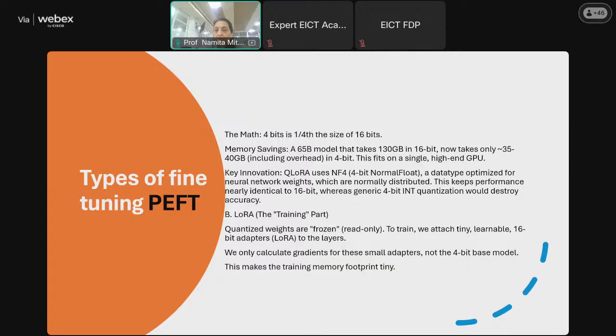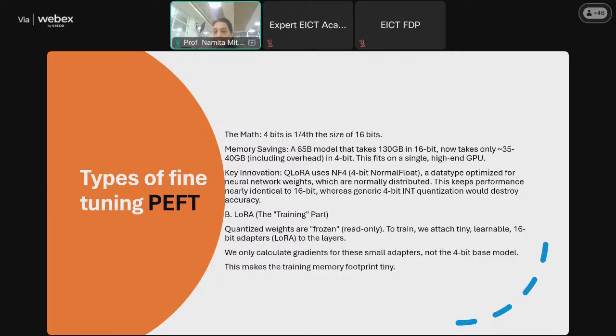So divided by 4, including the overhead, it fits on a single high-end GPU. The key innovation is that QLoRA uses NF4, 4-bit NormalFloat, a data type optimized for neural network weights, which are normally distributed. I hope you are getting it.